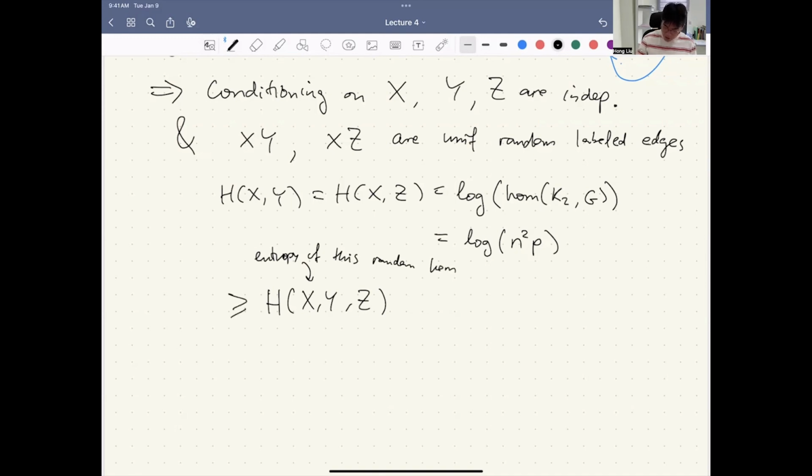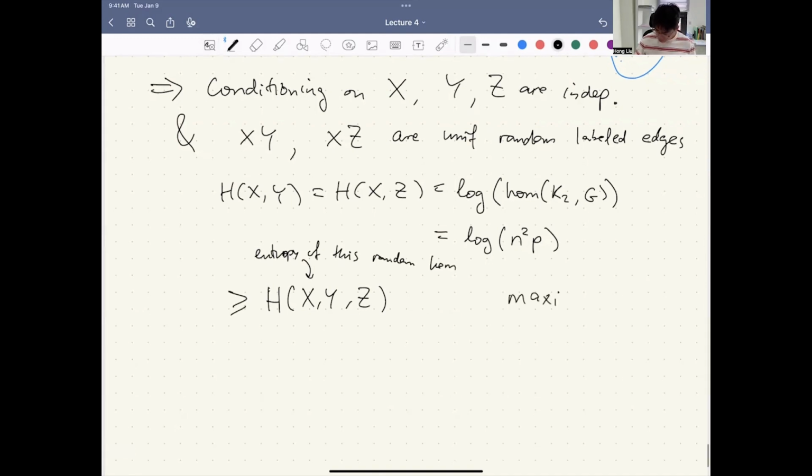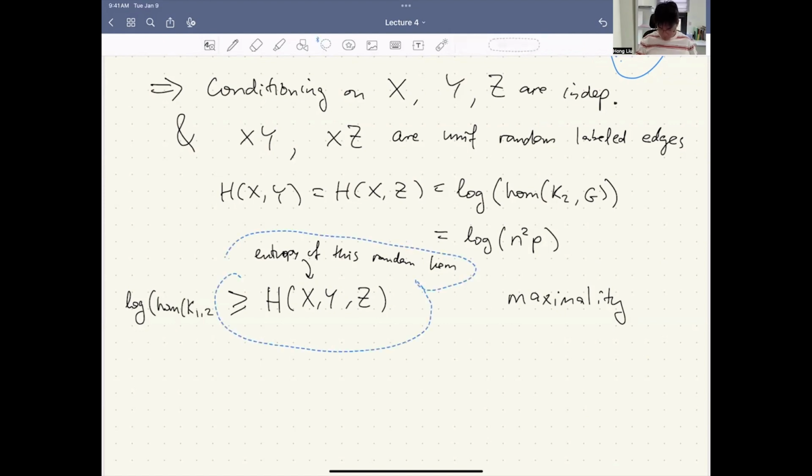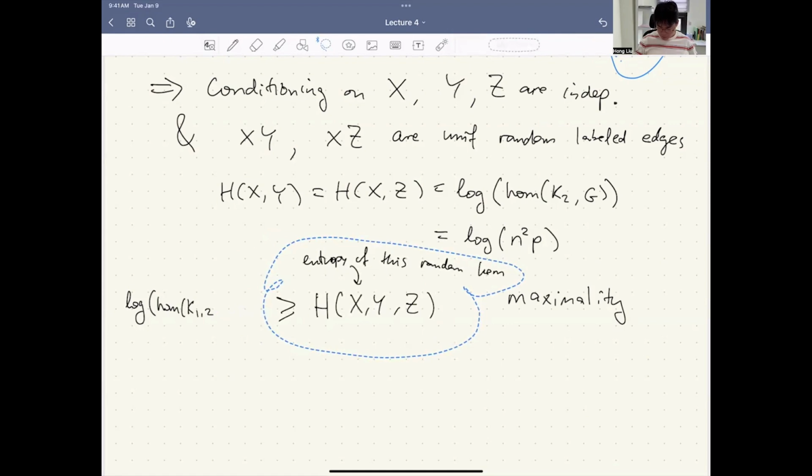By maximality, this is at most the entropy of a uniformly chosen K12, which is the log of the number of homomorphisms of K12 to G. Okay, this is maximality.